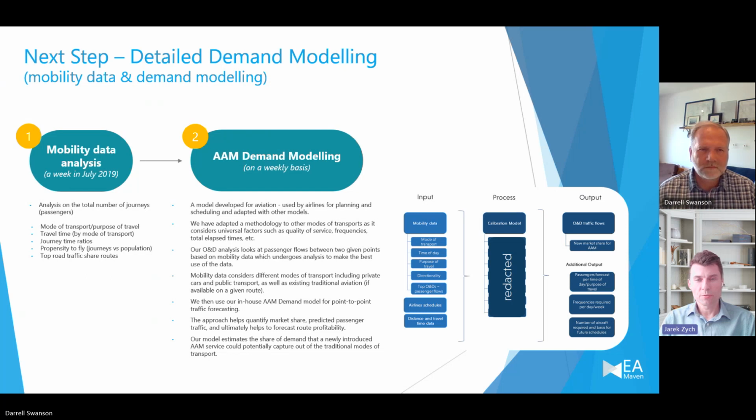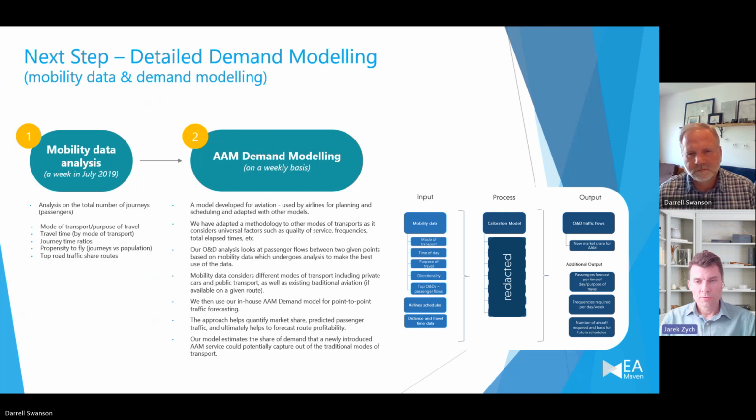Our model is based on this mobility data and other sources like socioeconomic data or airline schedules when needed. The mobility data gives us insights into things like modes of transport, time of day of travel, purposes of travel, directionality, and other factors we can use like fares or convenience of travel.